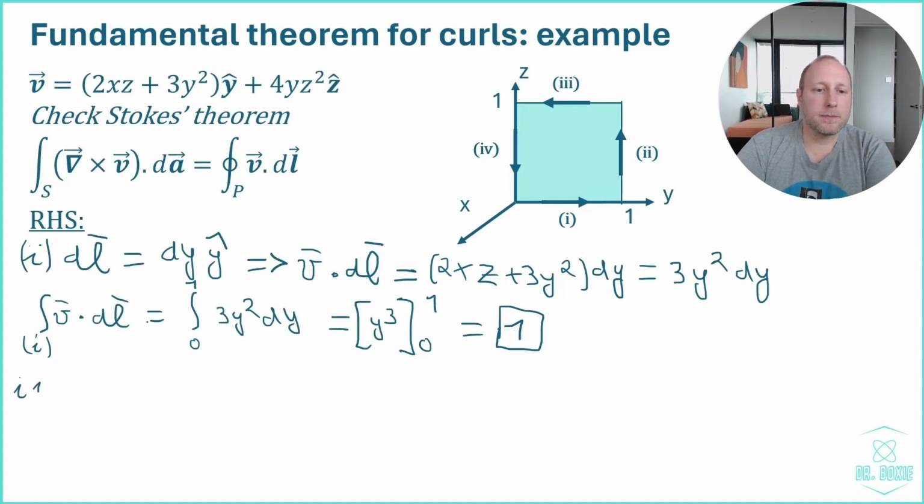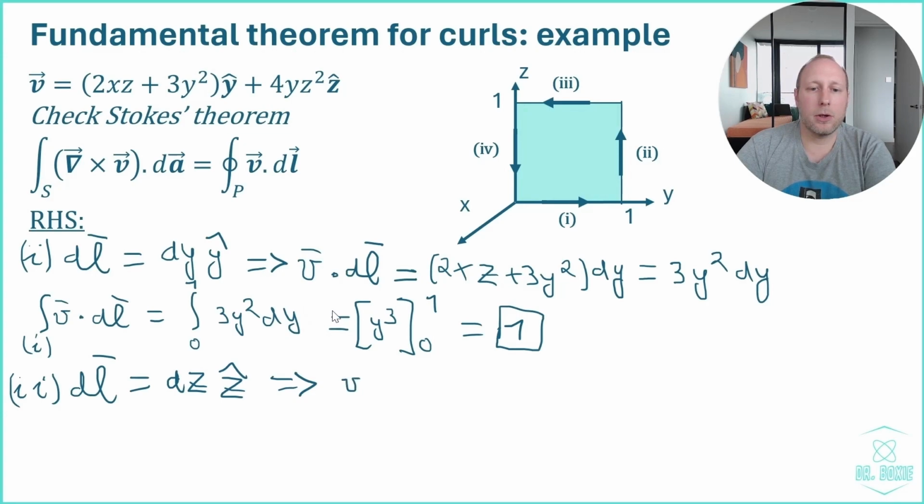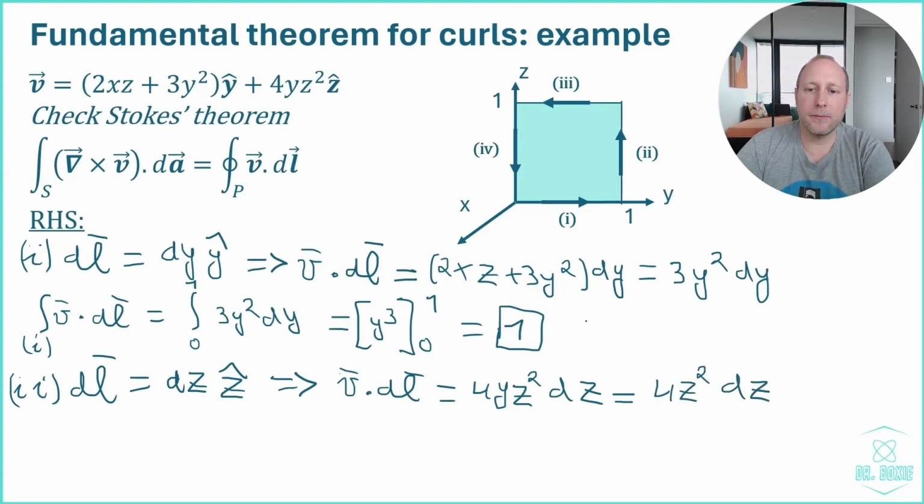For part 2, dl is only a motion in the z direction, so it's dz times z hat, and therefore the dot product of V with dl is equal to 4y z squared dz. And notice that along this path, y has a constant value of 1, so we're left with 4z squared dz.